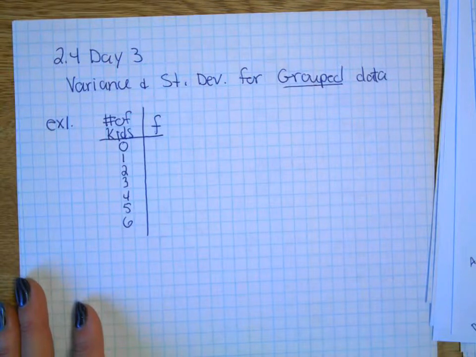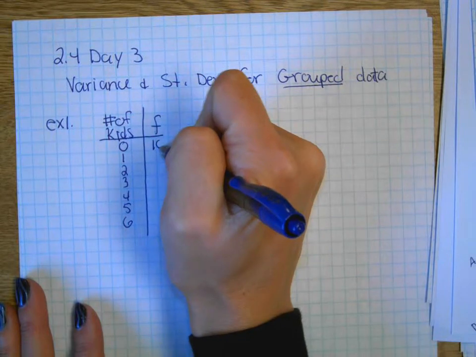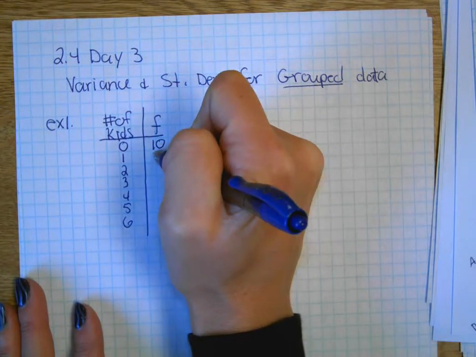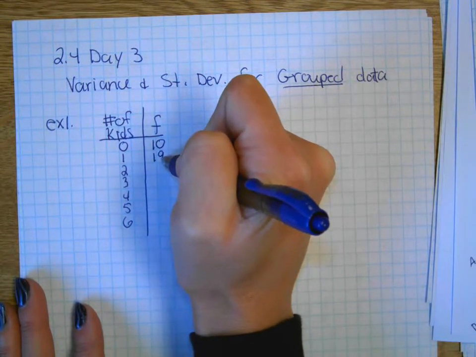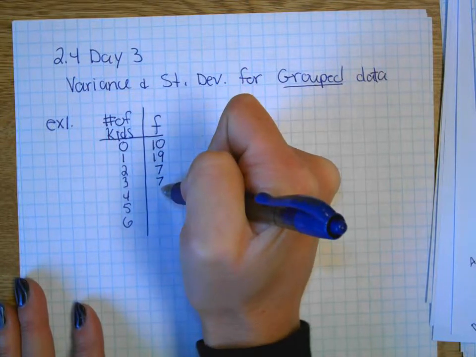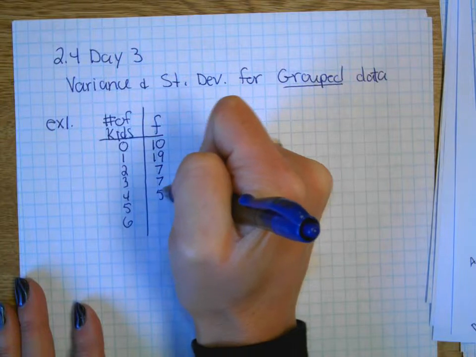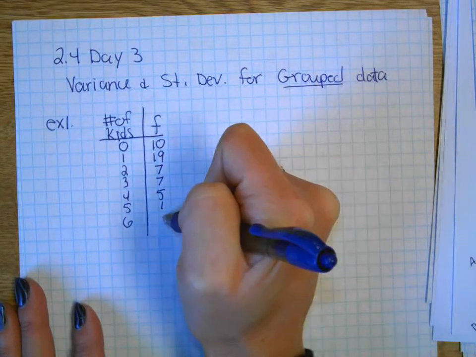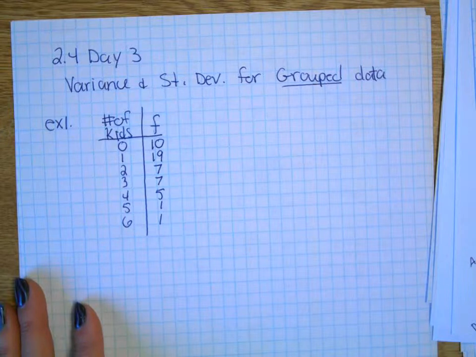Okay, and the frequencies. 10 of the homes had no kids. 19 homes had 1. Then 7. Then 5. One house had 5 kids and one house had 6 kids. It's crazy.